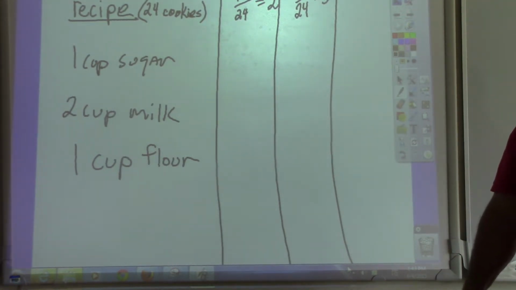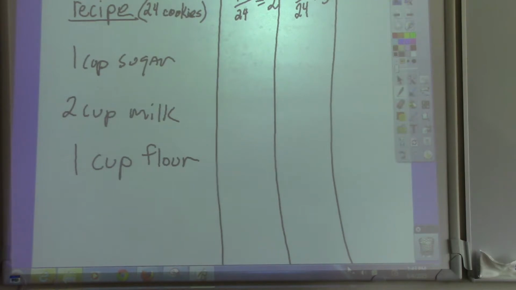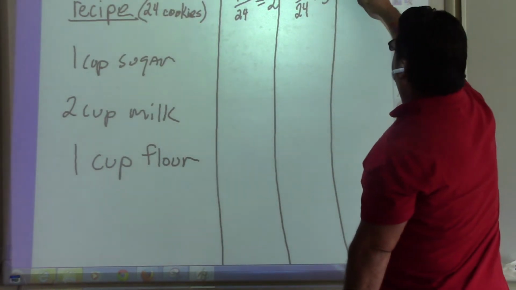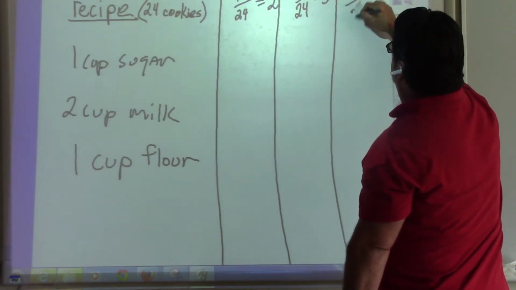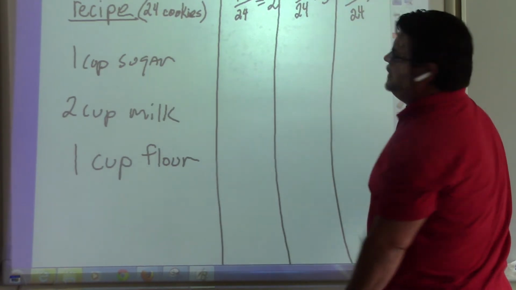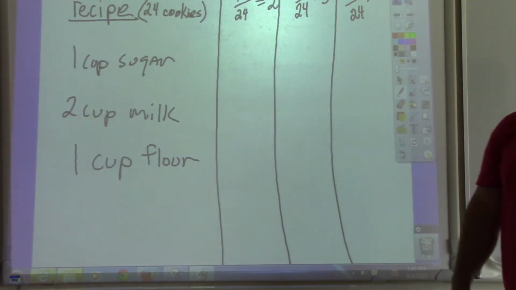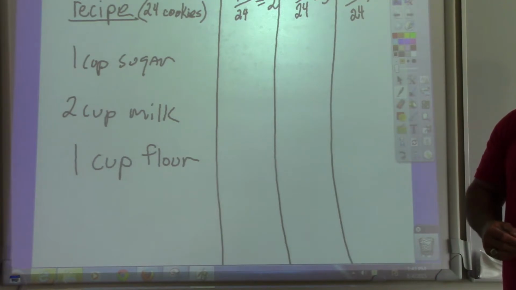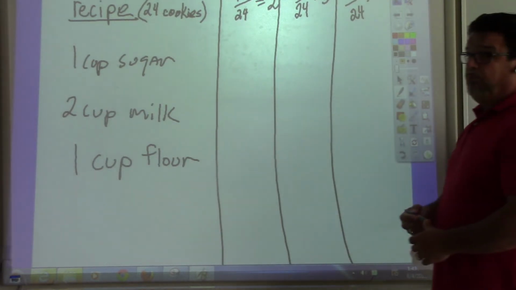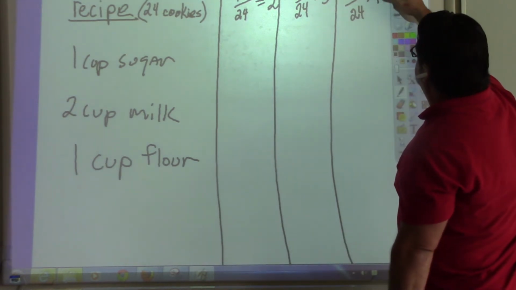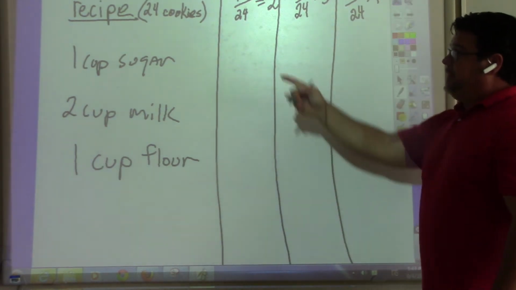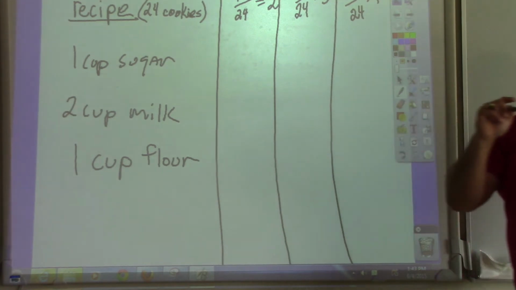Get it? What if I want to make 107 cookies? Somebody divide it by 24. What do you get? 4.46. 4.5. So I'm going to multiply everything by what? 4.5.